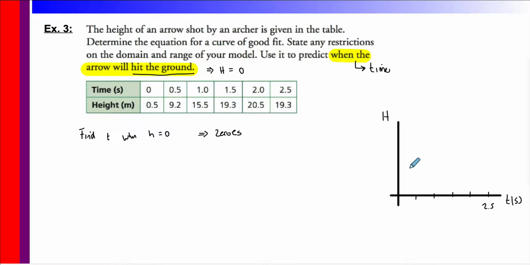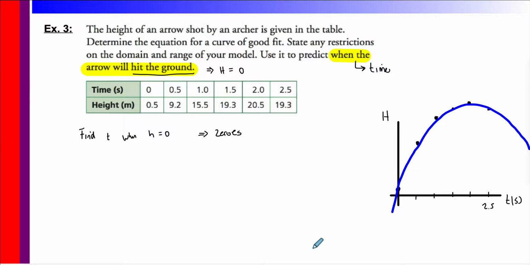So in general, and this is not an exact model, we're going to have points here that follow this sort of pattern, where we have this thing at its peak, or rather not necessarily at its peak, but it looks like the highest value from the table is at 2.0, and then we go back down again. So for this reason, what we know is this parabola, we're going to have a quadratic model. It's going to open downward. It's going to look something like this because we know that it's going to start going down again.